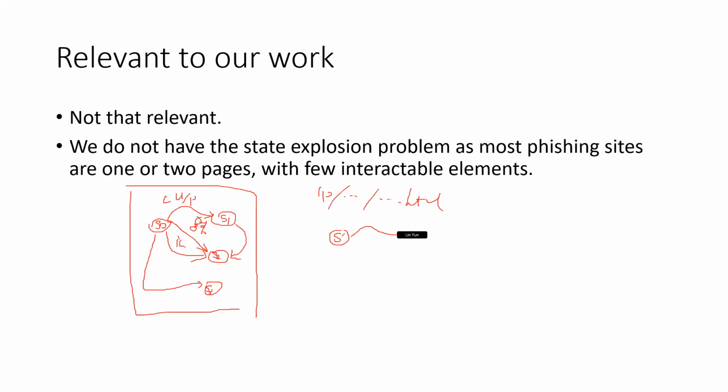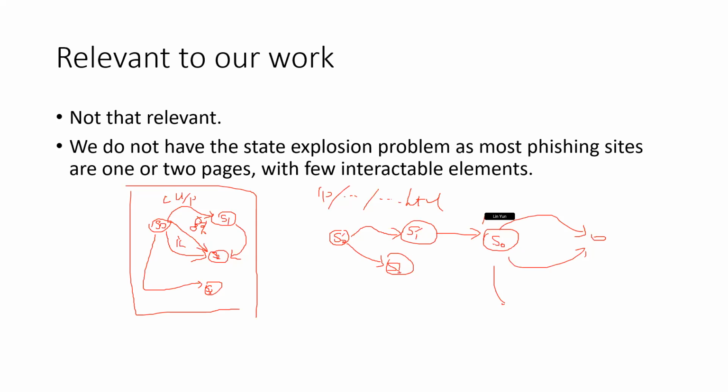Once we click the buttons, it will jump to S prime 1. We click another button, we jump to S prime 2, right? And from S prime 2 we will have a subgraph. Suppose it is a benign website, then it will jump to S0. S0 is actually a benign website, and it will have a lot of interactions here. So somehow like this.